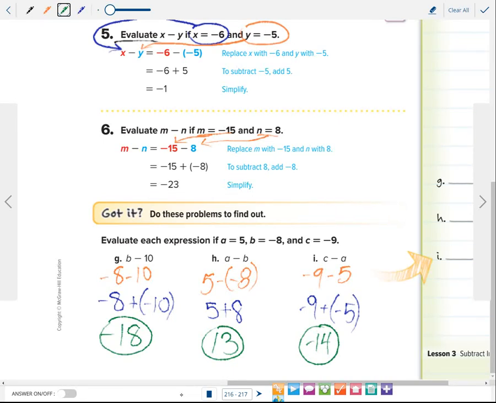Yes, sir? How do you know whether to make it a positive or negative? I'll answer that in two different ways. Since the 8, the variable given to you, is a negative 8, all you're doing is switching this sign here and switching this sign here as well.